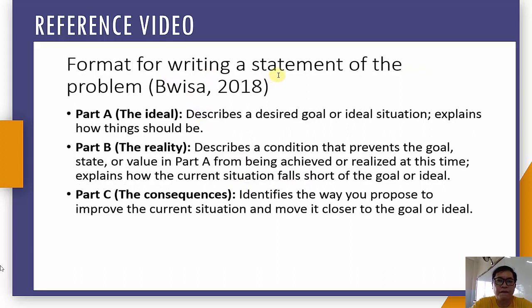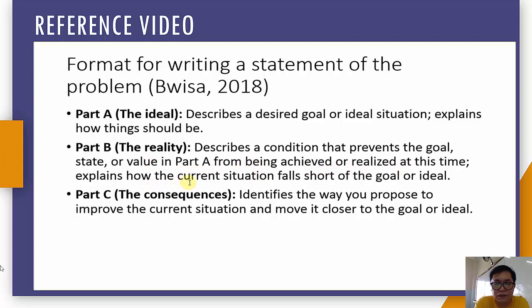Ang format for writing a statement of the problem by Visa. So, meron tong part A, B, and C. So, first is the ideal, next, the reality, the consequences. So, the ideal describes first the desired goal or the ideal situation, explains how things should be. Next is the reality, which describes the condition that prevents the goal state or the value in part A from being achieved or realized at this time.